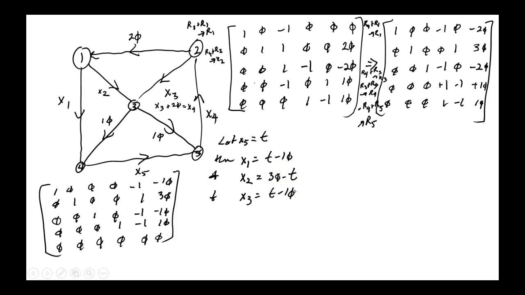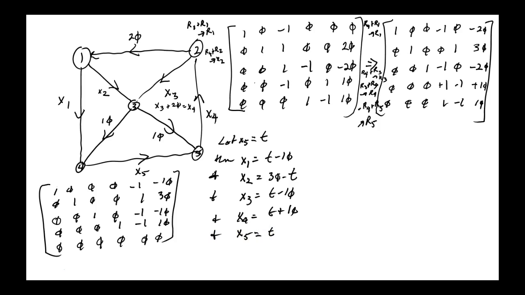Doesn't matter which way you do it, but it's just like 1. Okay? Yeah, t plus 10. And x of 5 is equal to t.